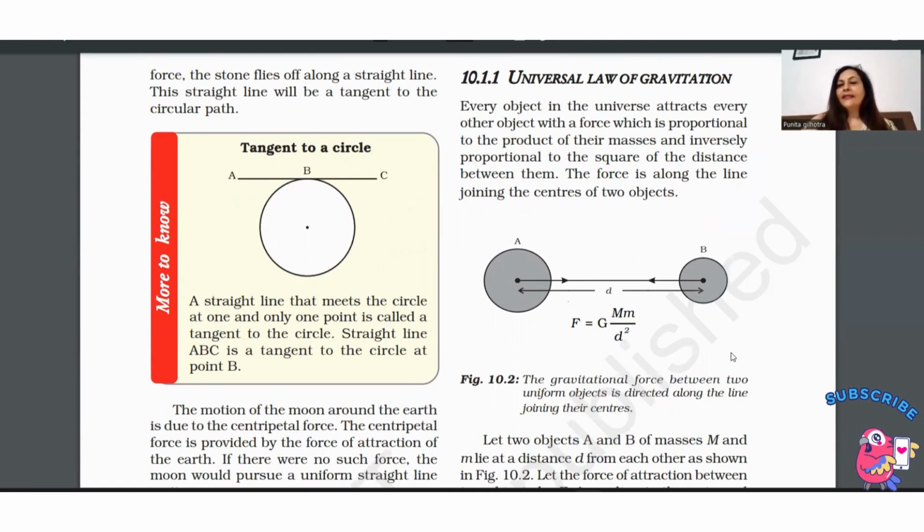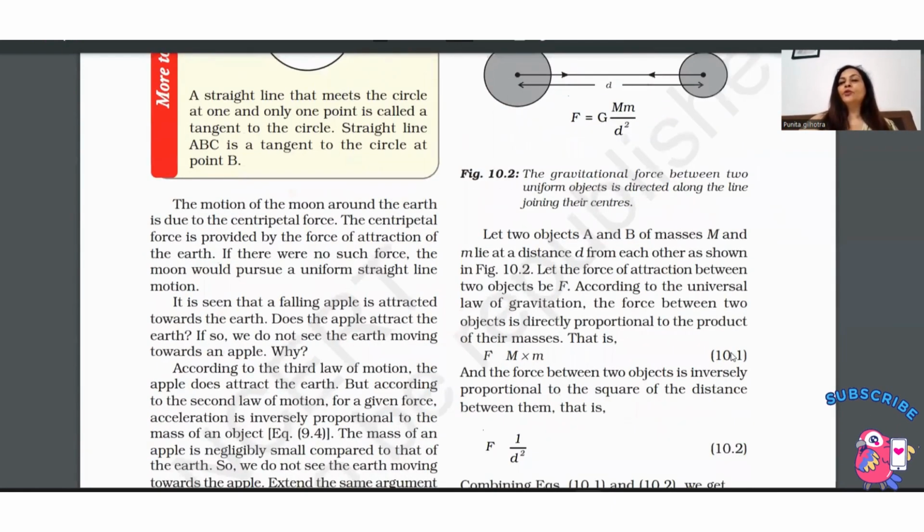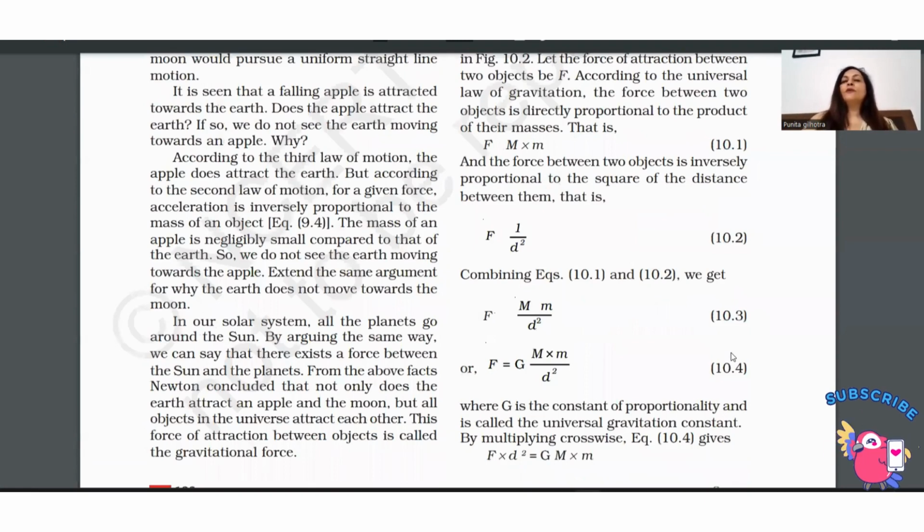Mathematically, this force is directly proportional to the masses but inversely proportional to the square of the distance between them. Now students, if we are dividing by something and we are already squaring that thing, the result is very, very small. That's why we can't judge the force between two objects.